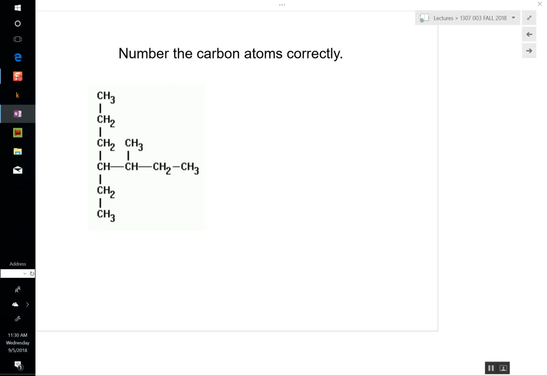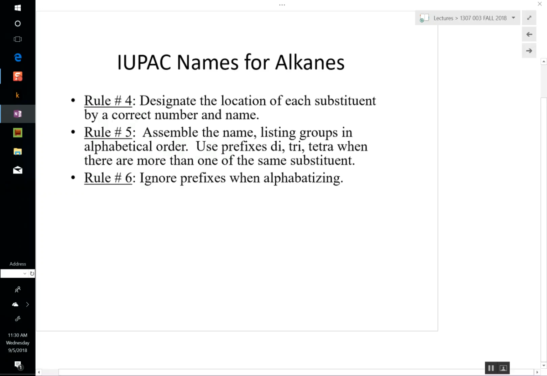Well, there's one for you to kick around by yourself, if you like. But let's go to these other 3 rules. Designate the location of each substituent by the correct number. We've kind of done that. Assemble the name. Listing groups or substituents in alphabetical order.